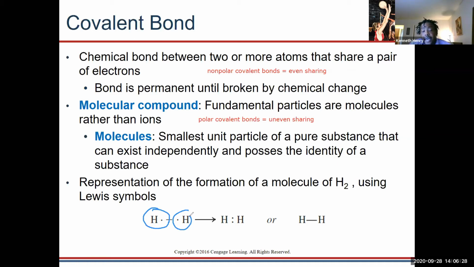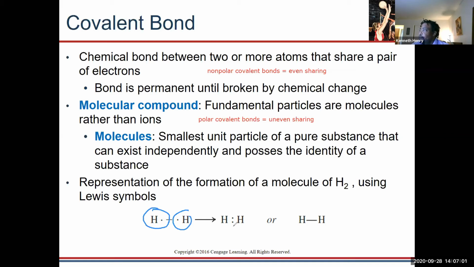So hydrogen has one valence electron. Each hydrogen has one valence electron, so it's going to share those 2 electrons, so it's like helium. The way that we represent sharing of electrons, we draw what we call a bond, and that's just a line between the 2. So these form a covalent bond between each of the hydrogens. That means it's sharing 2 electrons.